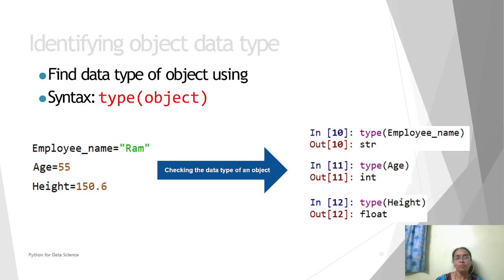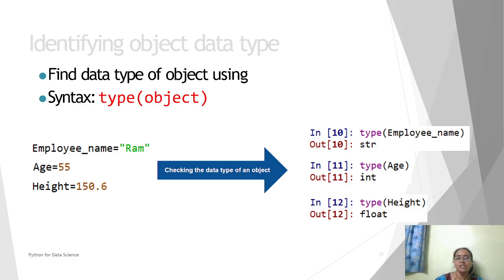The next one, how we can identify the data. If I want to identify what kind of data it is, we should use the syntax type. The object is nothing but the variable name. I have given employee_name, so I have to give type within the brackets with that variable name, capital letter E, employee_name.